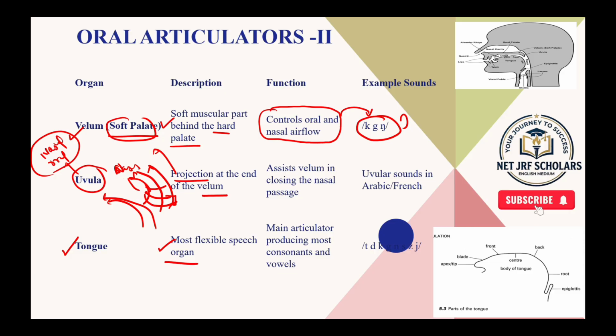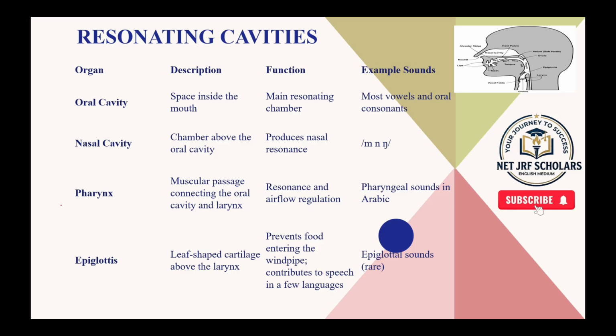Next we have the tongue, the most flexible speech organ and the main articulator in the production of most consonants and vowels. As you see here, the tongue is divided into 5 main parts: tip, blade, front, back, root, and it also includes the epiglottis. First we will look at the epiglottis.